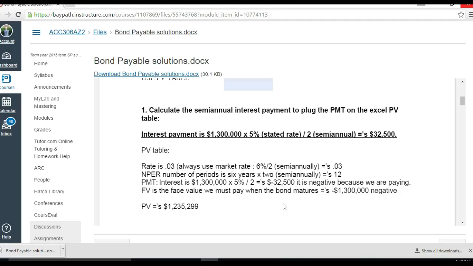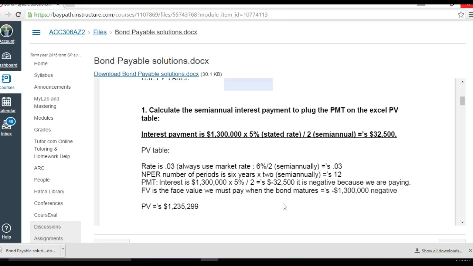So in this case, we are paying 3% semi-annually. The number of periods that you plug into your present value table are going to be 6 times 2, representing 6 years times 2 semi-annually equals 12 periods. So we're converting years into the actual number of payments. So we're going to make 12 payments at 3%.